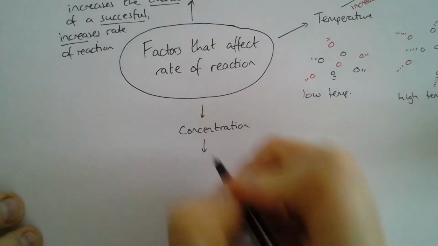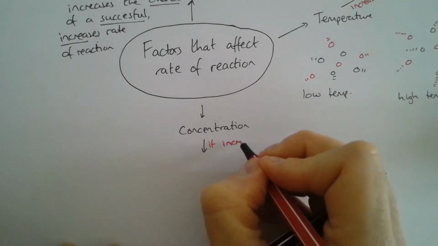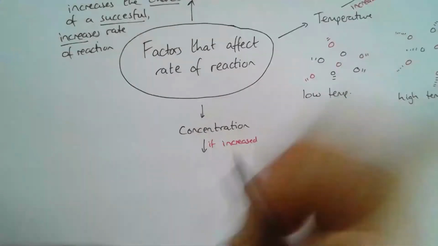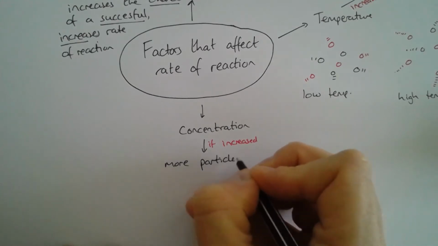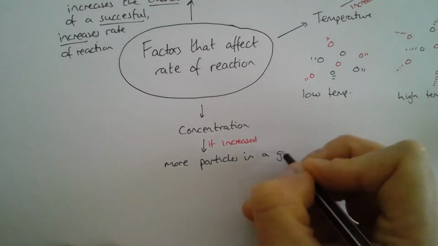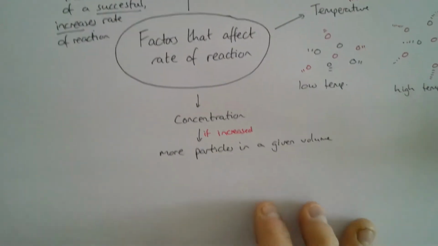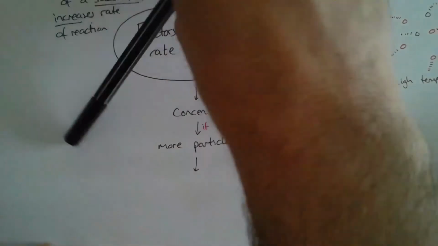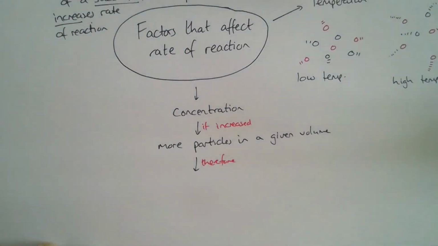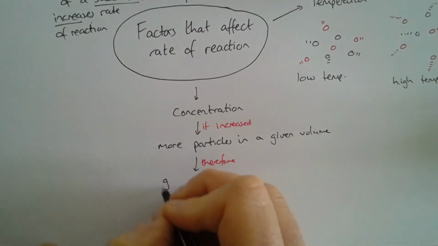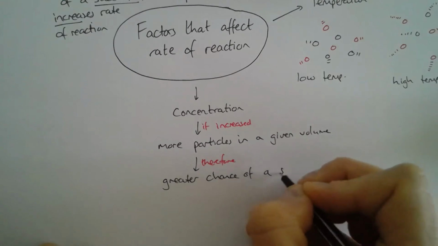So if concentration is increased, there are more particles in a given volume. And that word given volume means just in the same volume. Therefore, if there's more particles in a given volume, there is a greater chance of a successful collision.